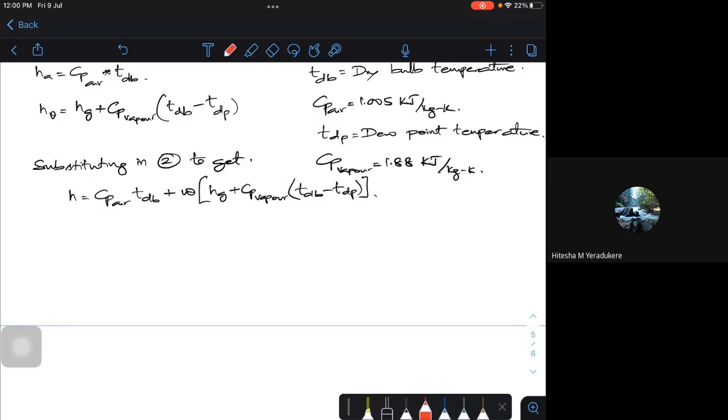I have Cp of air into dry bulb temperature, and here also Cp of vapor into dry bulb temperature, so I can combine them.